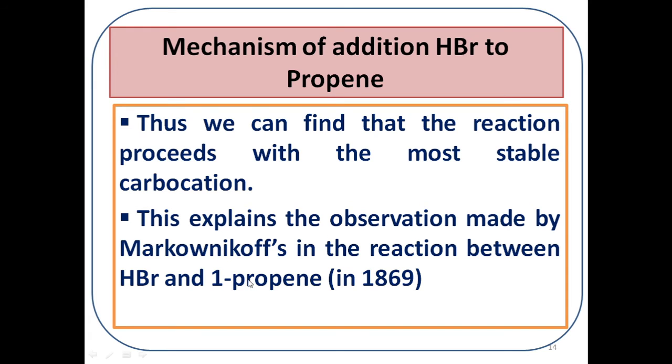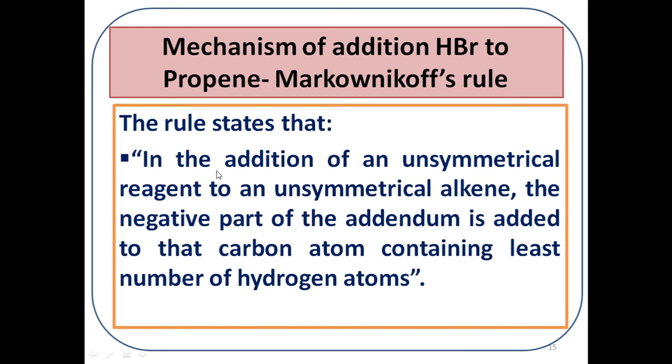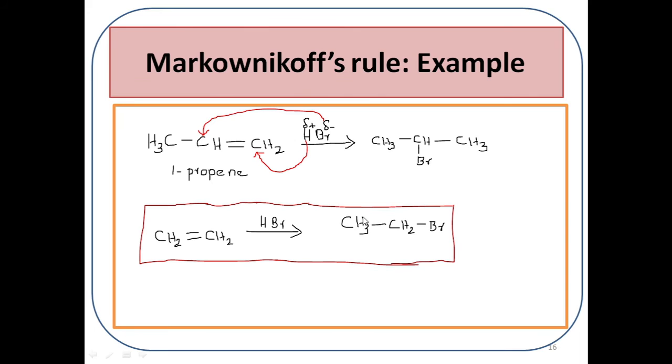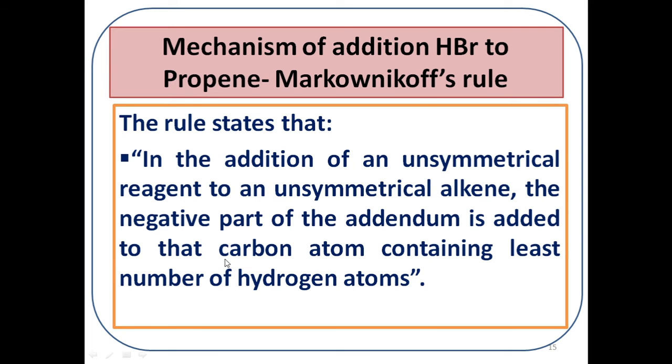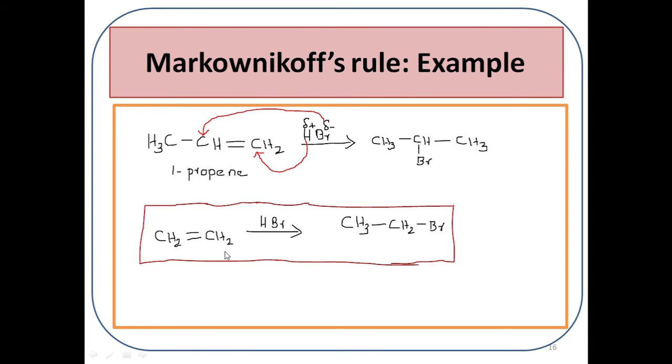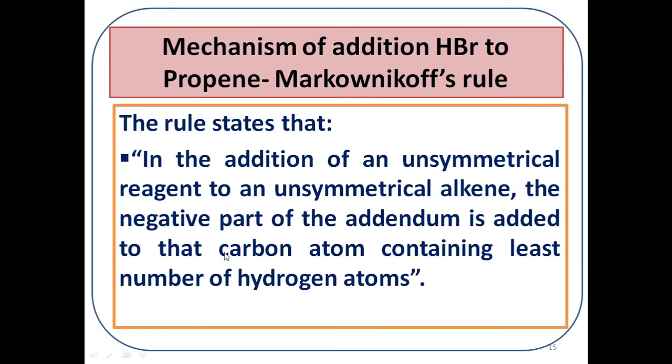He arrived at a statement that in the addition of an unsymmetrical reagent to an unsymmetrical alkene, the negative part of the addendum is added to that carbon atom containing the least number of hydrogen atoms. This statement is called the Markovnikov statement or Markovnikov's rule.